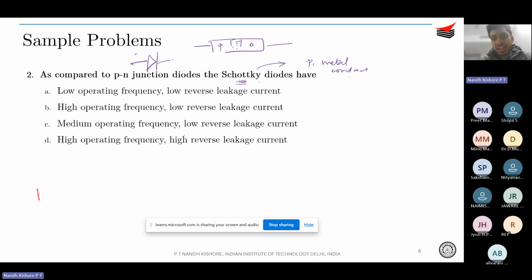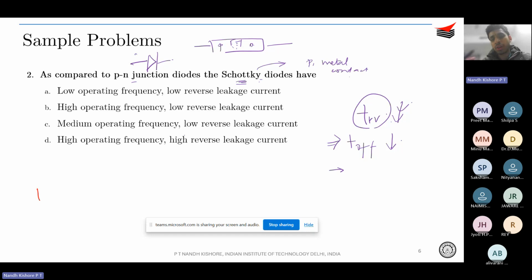Okay, that means that the TRR of Schottky diodes is going to be way lesser. If your TRR is lesser, it means that your turn off time of the diode is going to be lesser. Okay, since your turn off time is going to be lesser, it means that you can turn on and turn off the diodes even faster. That is, let's say this PN junction diode takes 10 microseconds to turn off, right? Including the reverse recovery time.